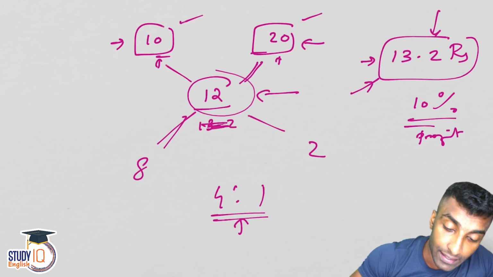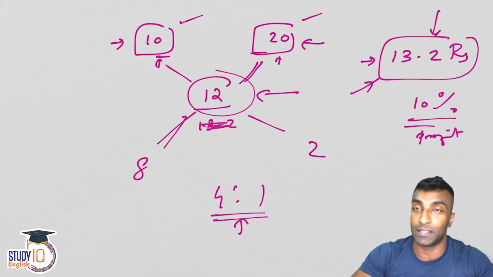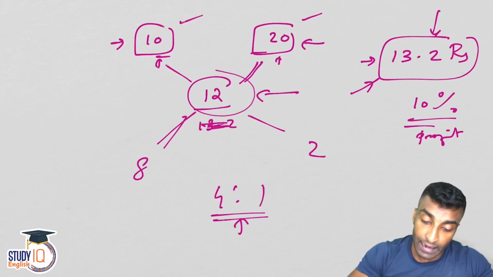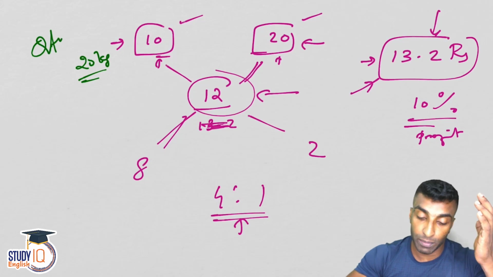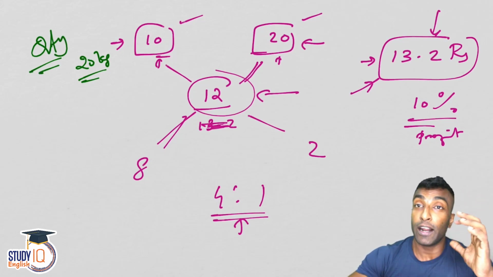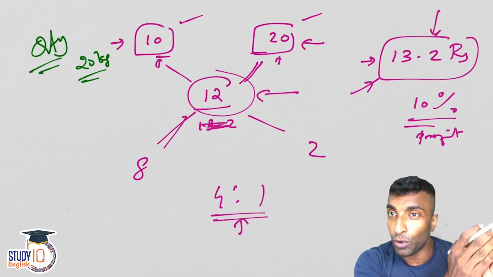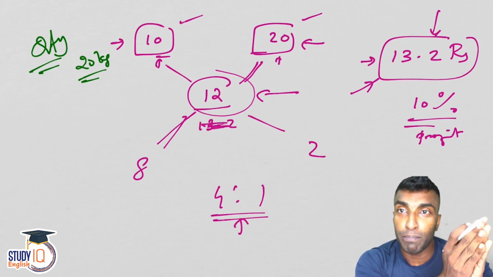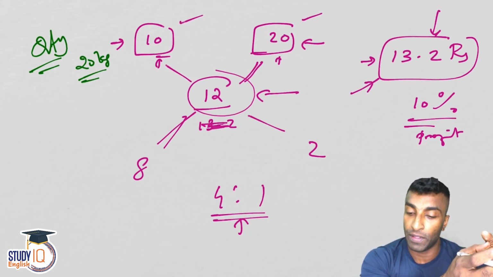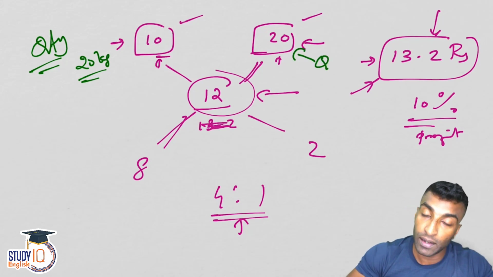So if I change the question like this, I have, let's say, 20 kilogram of this. Here I am giving you the quantity. I have 20 kilogram of rice which costs 10 rupees, and I want to mix it with how many kilograms of rice which cost 20 rupees.